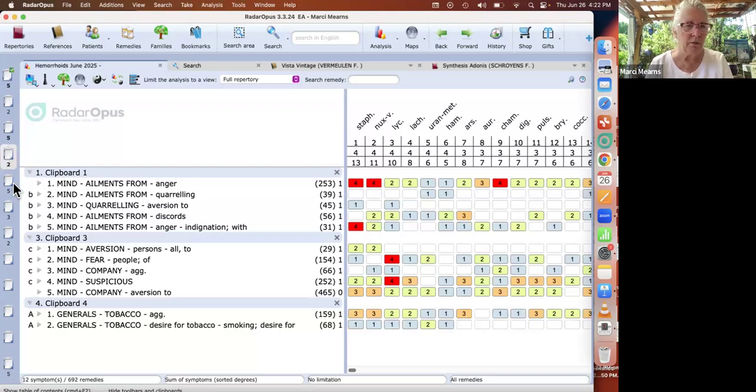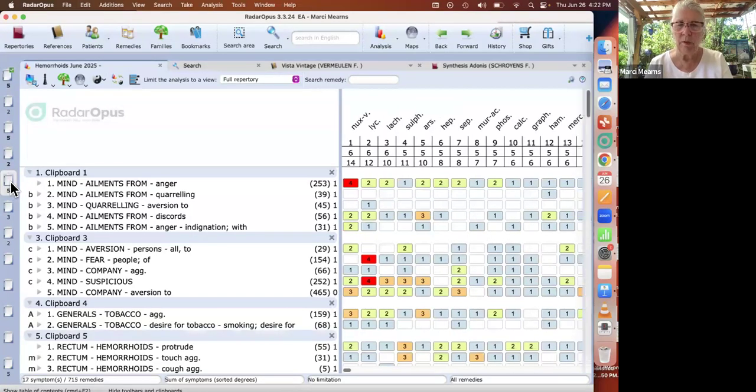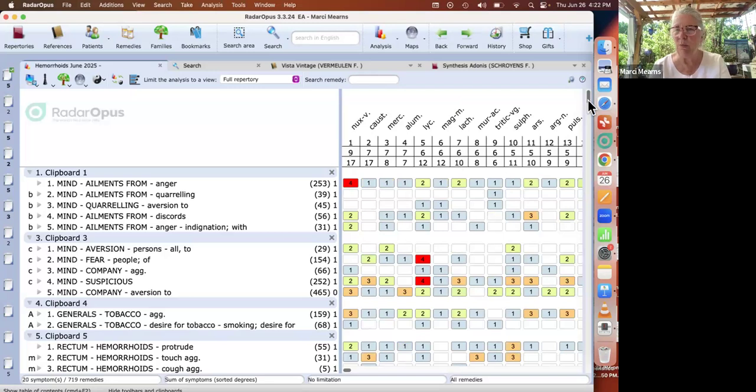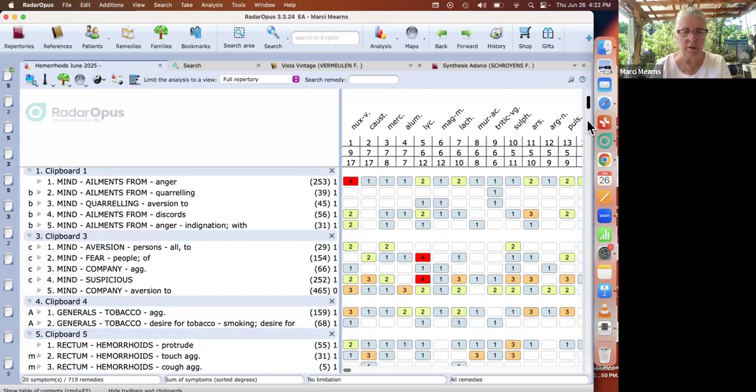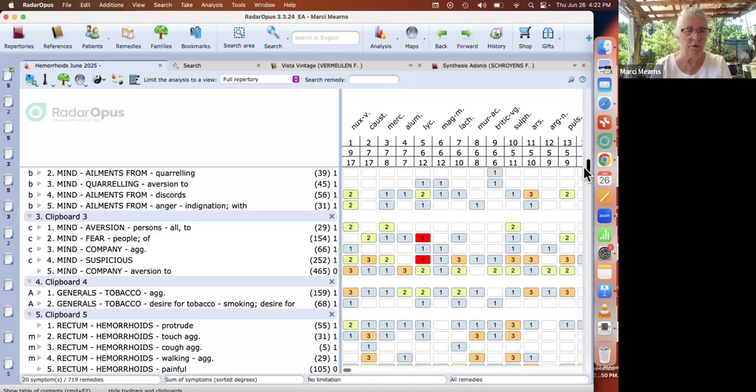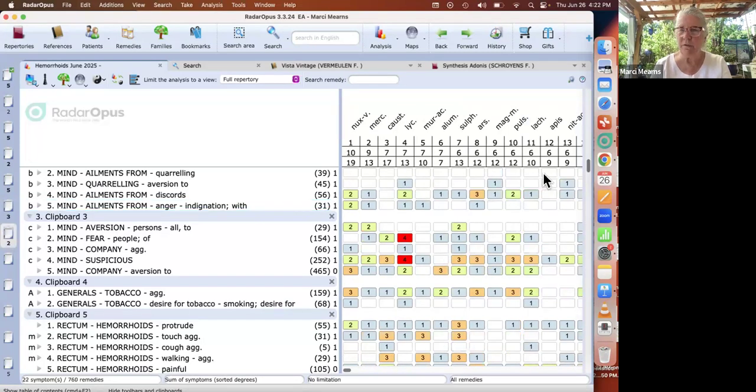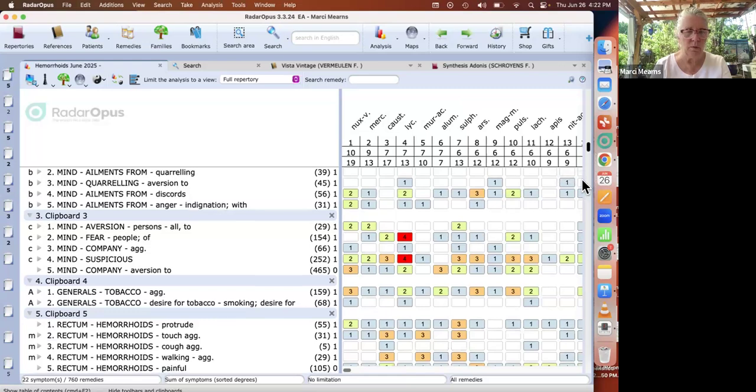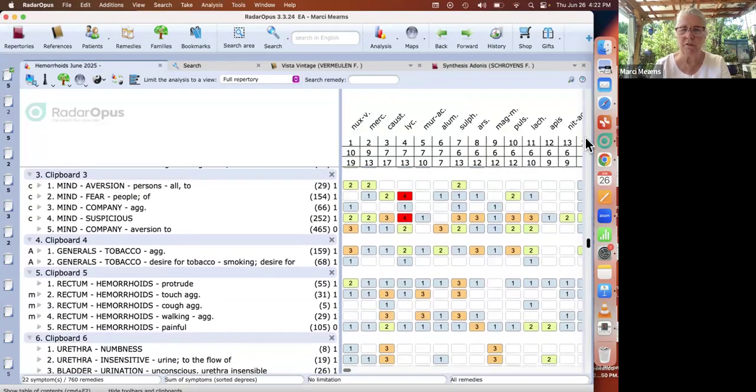Here's our tobacco. Here's the chief complaint. I'm just bringing these on one at a time. I left the eustachian tubes out. So we have 1, 3, 4, 5. That one is the modalities of the chief complaint. And then, of course, we've got the numbness in the urethra.